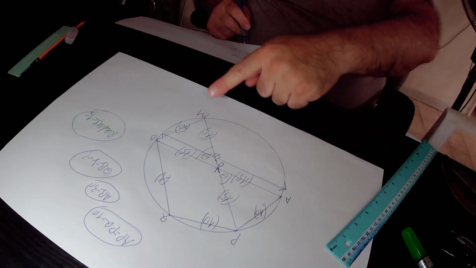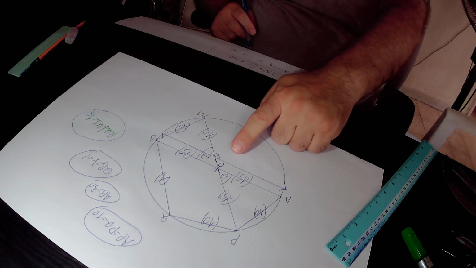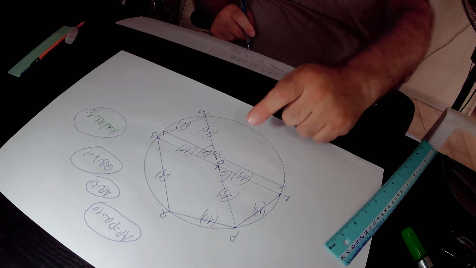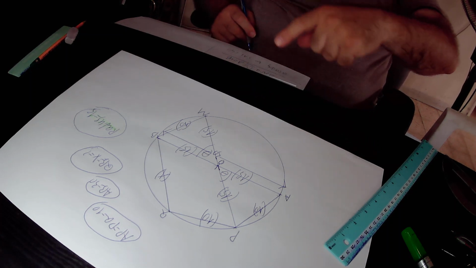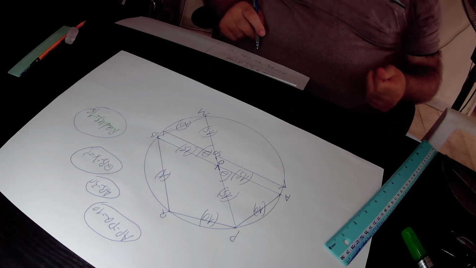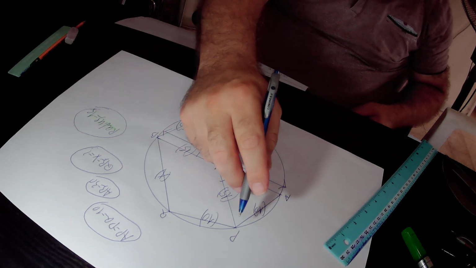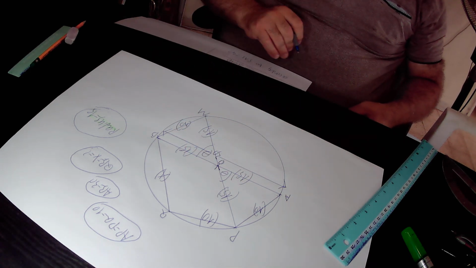This is chord PM. Chord PM passes through point O, that is the center of this circle, and we know that any chord that passes through the center of the circle must be the diameter of the circle. So PM is the diameter of this circle. So I'll copy this semicircle with the diameter PM, and we will analyze this semicircle.